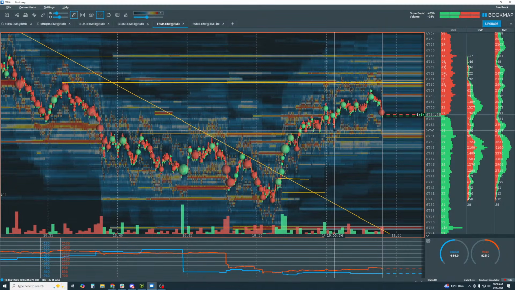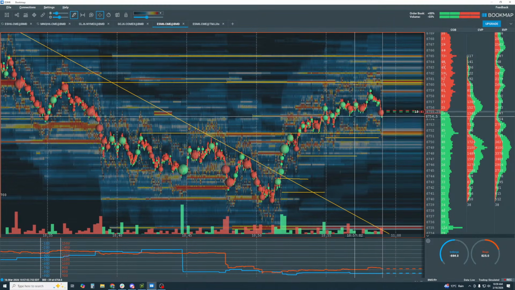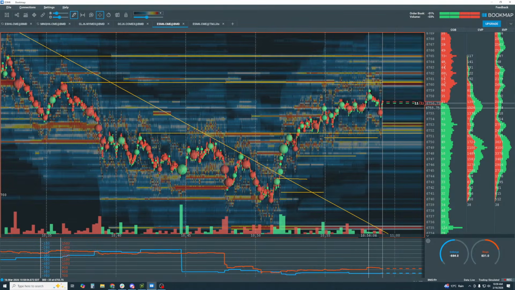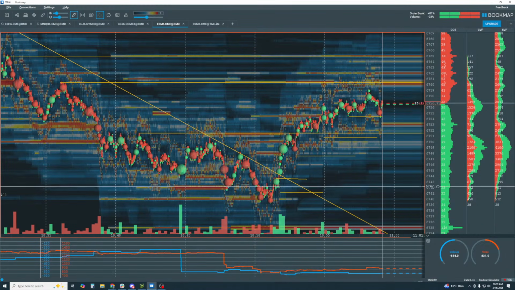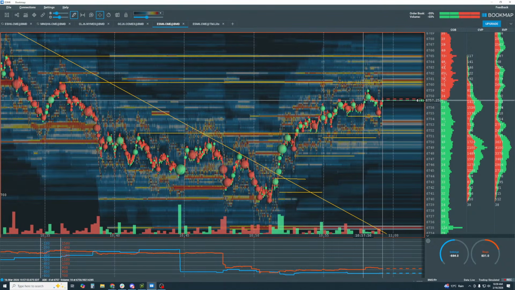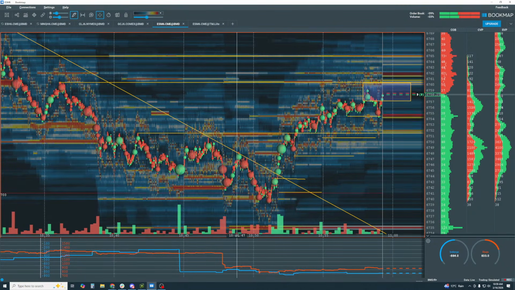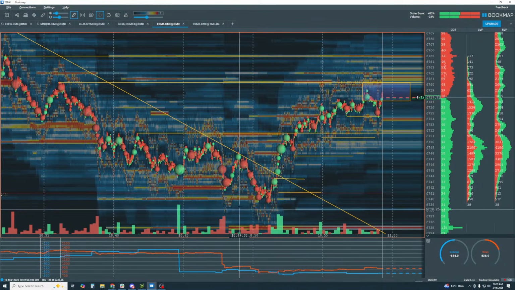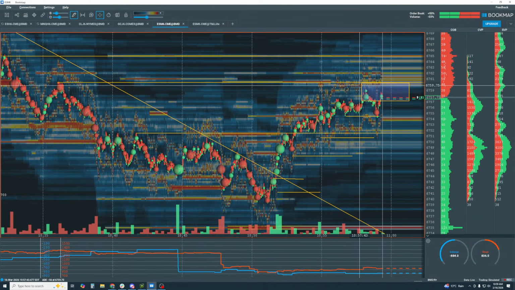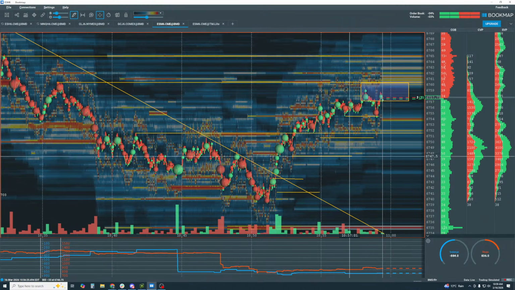I may move my stop up to here, or I may keep it. I need to see it break and accept. See how it didn't? So it retested here. I need to see it accept, and I'm looking for acceptance above this area here. Otherwise we would have been stopped out, which maybe is okay.